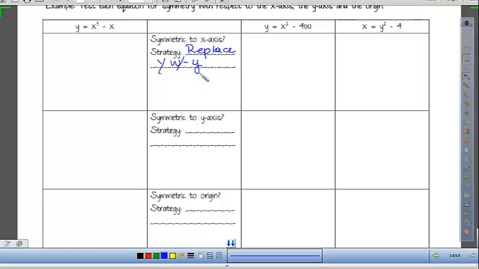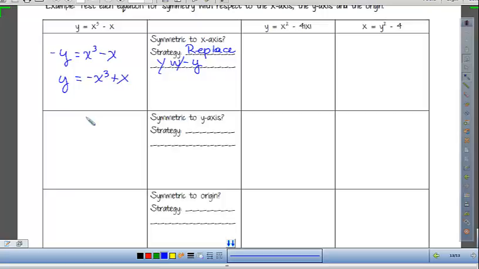If I do negative y equals x cubed minus x, I want to solve this. In order to compare, I'm going to try to get an expression for just y. So what do I need to do here? Multiply both sides by negative 1. That gives me y equals negative x cubed plus x.